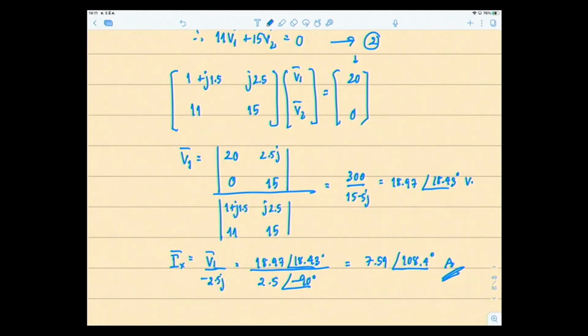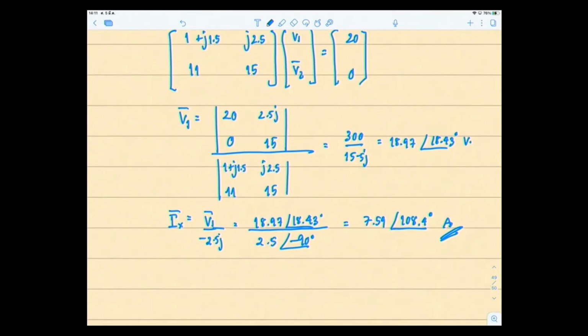So you get your value for Ix in phasor form, but you need to answer it in terms of time domain. So convert that back. You simply reverse it to become 7.59 as the amplitude, cos of omega t, where omega was 4 in this problem, so 4t, and the phase angle 108.4 degrees amps. So that's nodal analysis, a review of nodal analysis.